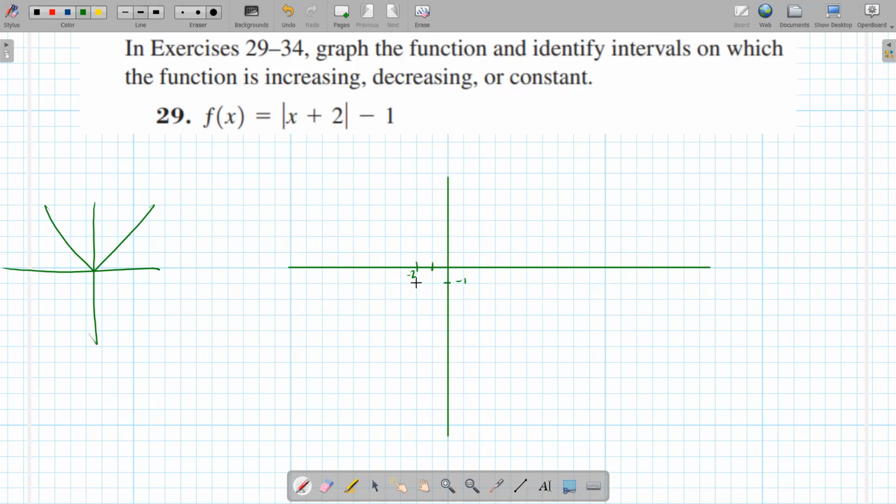And you don't really have to be precise here. You just need this point, and that point is -2, -1. And our function will look something like this. Then it says identify intervals on which the function is increasing and decreasing.